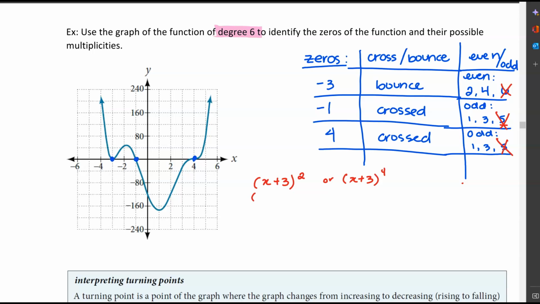Now we can also have x plus 1 to either the 1st power or the 3rd power. And then we can have x plus 4, again, to the 1st power or the 3rd power. Okay, so these are the possibilities we have.